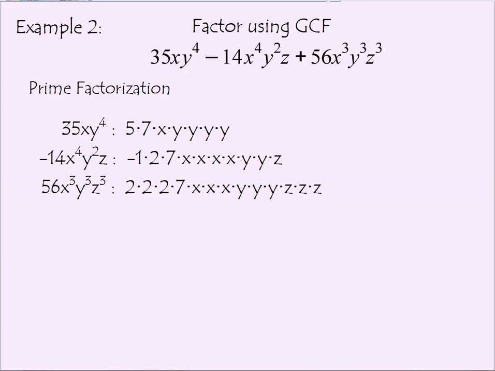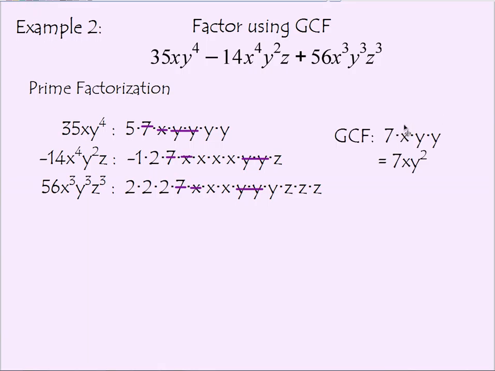When I write down what they have in common, notice how not all of them have 2's, not all of them have negative 1's, but they all have a 7. They all have at least one x. They all have at least 2 y's, but not all of them have z's, right? Remember, it has to be common to all three terms for me to be able to use it.